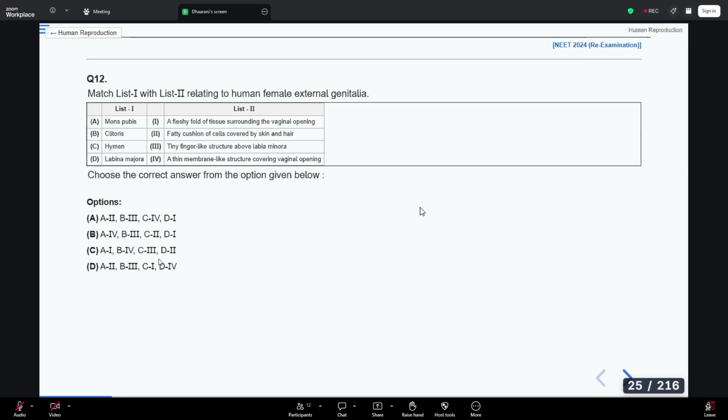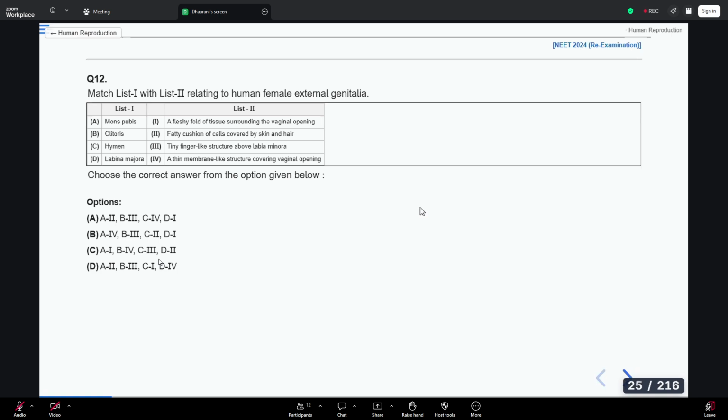Very good. Next, spermatogenesis is the entire process of producing sperm cells. So that is the difference between spermiogenesis and spermatogenesis.